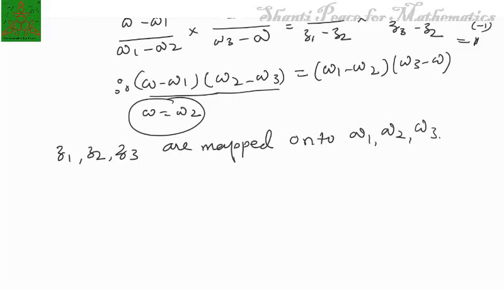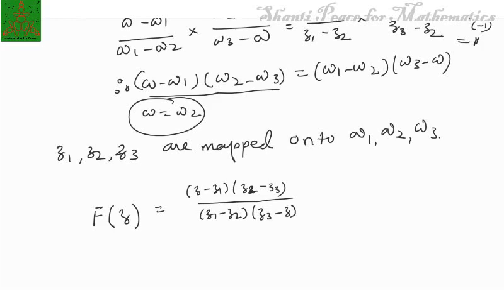Okay. Now let us assume that f of z is the bilinear transformation that is equal to z minus z1 into z2 minus z3 upon z1 minus z2 into z3 minus z on this side.